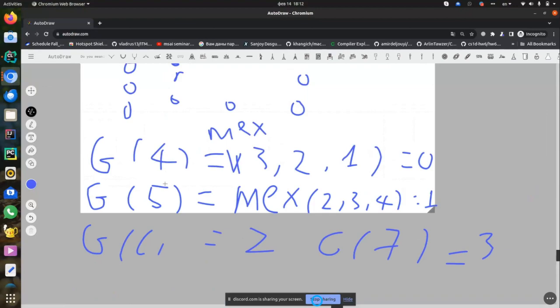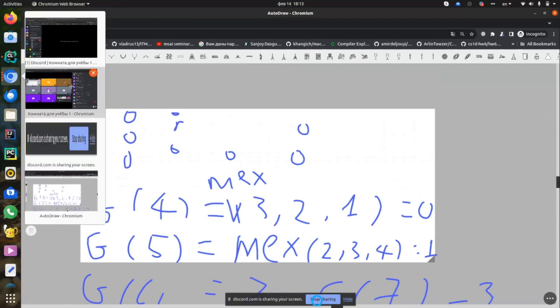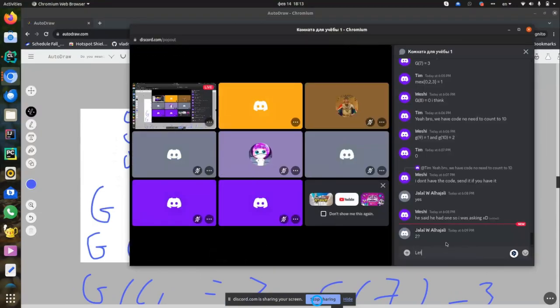So why are we calculating the Grundy numbers? Because we need this for calculating the result of the game, to decide if the first player can win or not. Let me write the task in the chat for you guys. There are 5 piles of stones.